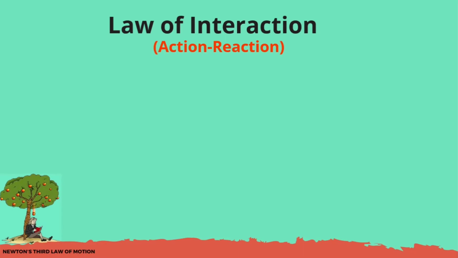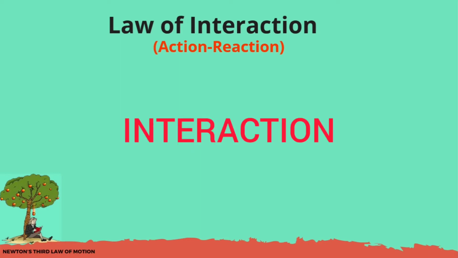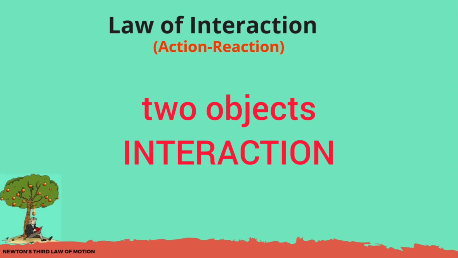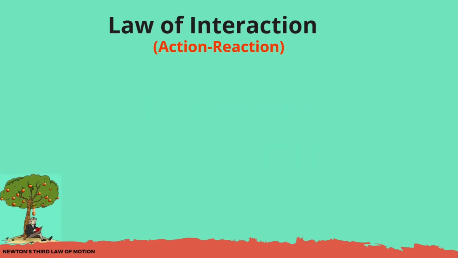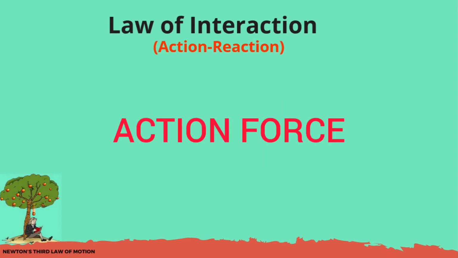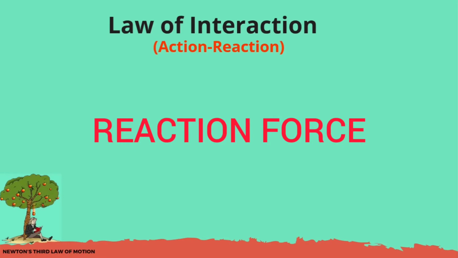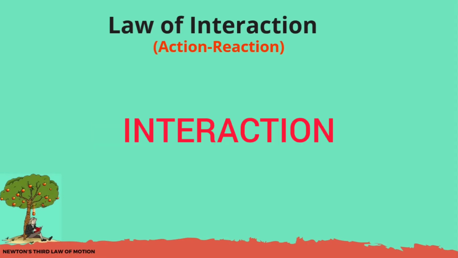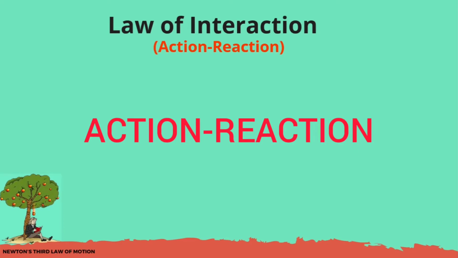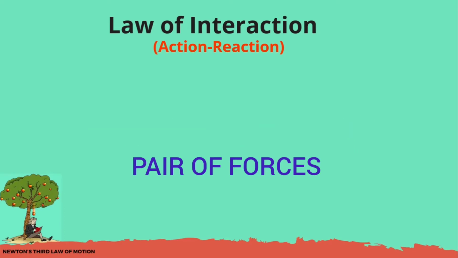Newton's third law explains that a force is due to an interaction between two objects. One object serves as the source of the action force, and the other acts as a source of the reaction force. In any interaction, there is an action-reaction pair of forces.